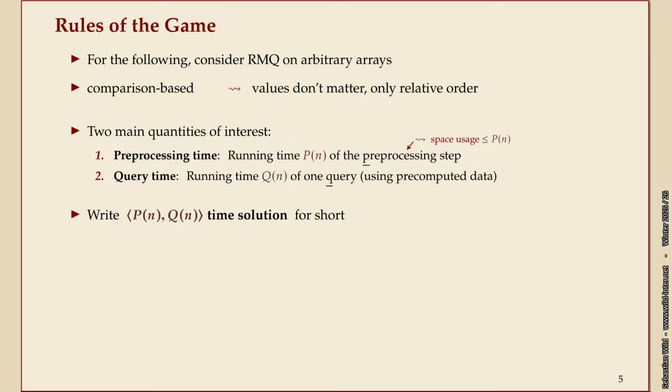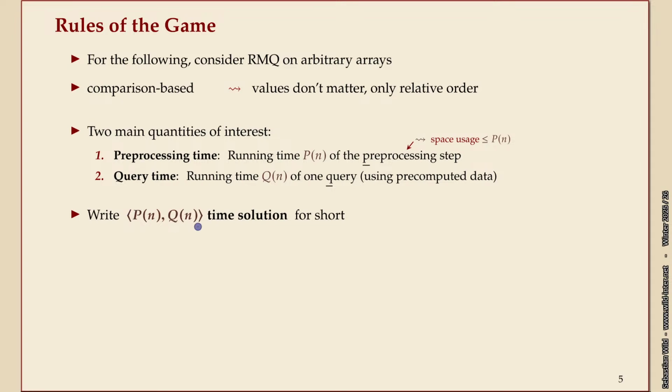As a little remark, the range minimum query problem is comparison based, so it doesn't necessarily care that the entries are numbers. It could be arbitrary objects that you can order. Also, like for the longest common extension problem, there are 2 running times plus the space usage.